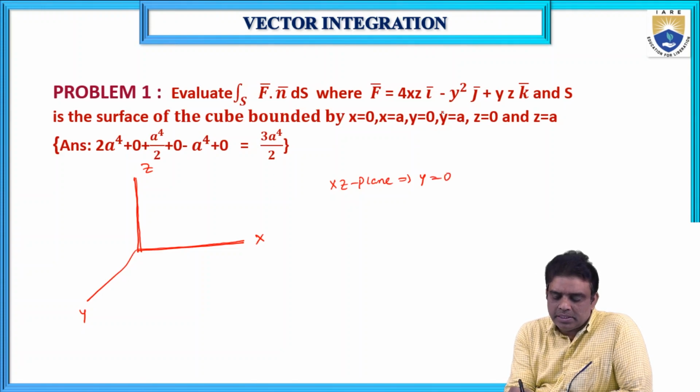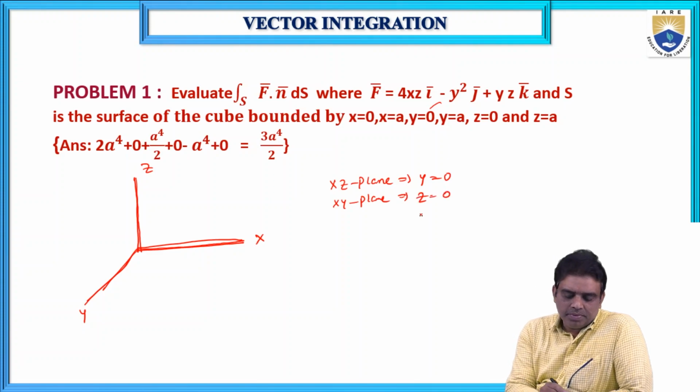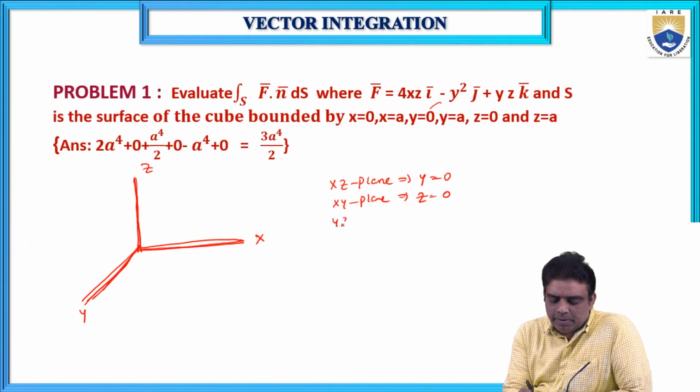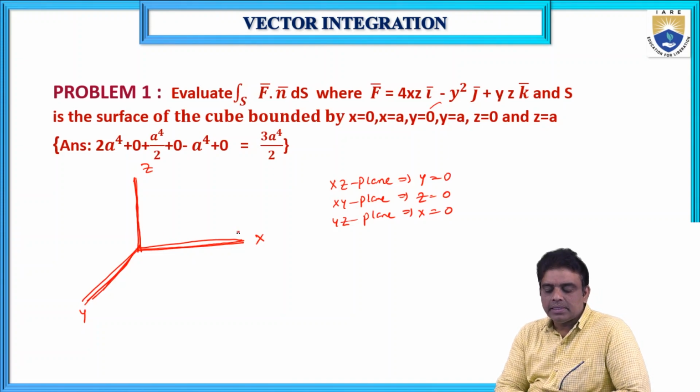Similarly, the xy plane equation is z is equal to 0. Similarly, this is the yz plane, and the equation of the yz plane is x is equal to 0.